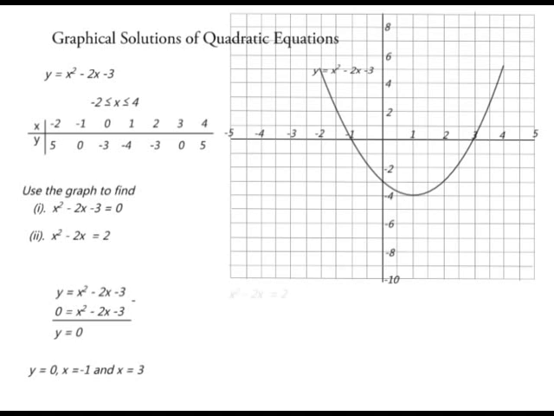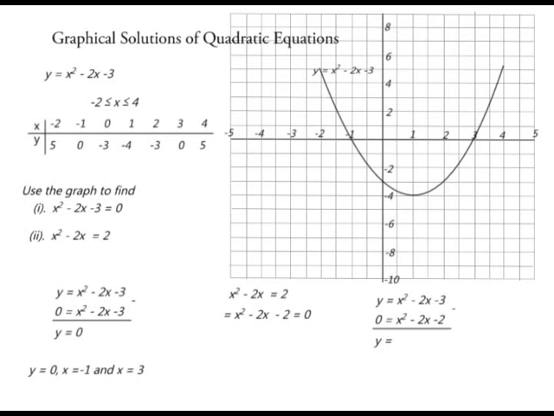For the second one, x squared minus 2x is equal to 2. We write it to have 0 on the right hand side. So we have x squared minus 2x minus 2 is equal to 0. Now we subtract it from our equation. And if we do that, we'll get y is equal to x squared minus x squared is 0.